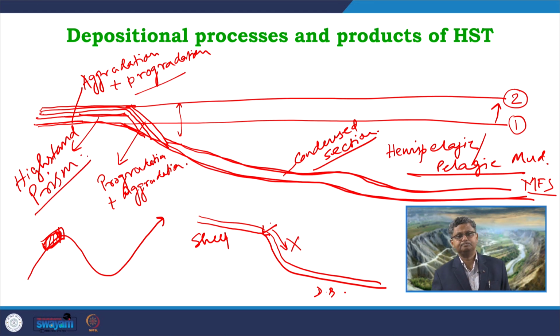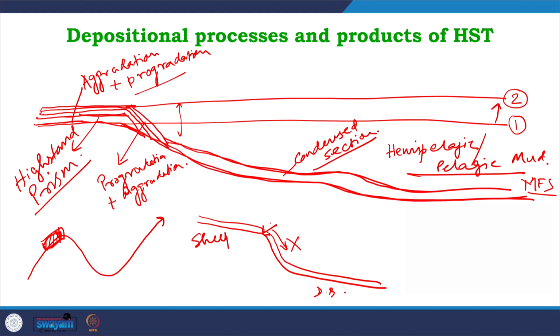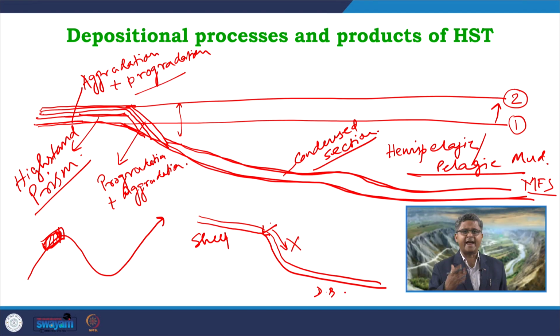Highstand prism. If I want to understand in a little more detail what is actually happening over here in terms of the distribution of different depositional environments and the resultant depositional systems, I can draw another very simple diagram.